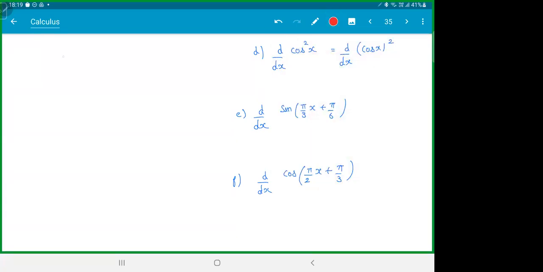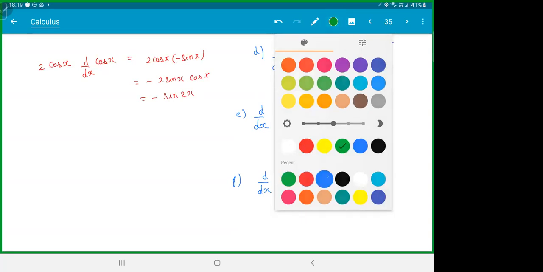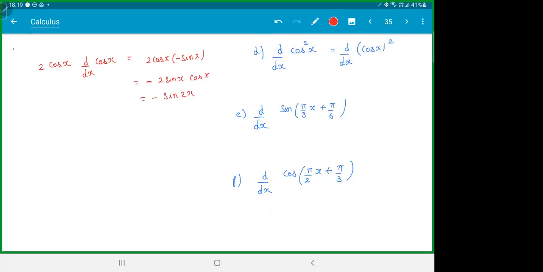So that can be written as 2 times cos x times the differential of cos x, which will be minus sin x. So minus 2 cos x sin x, that will be minus 2 sin x cos x, which is minus sin 2x. If you check last time, we got the same answer there. That is for D.